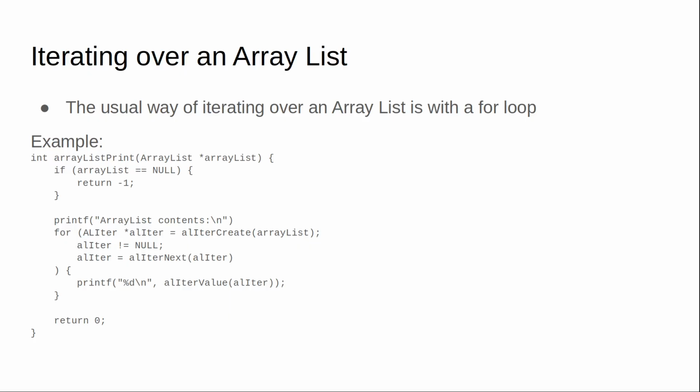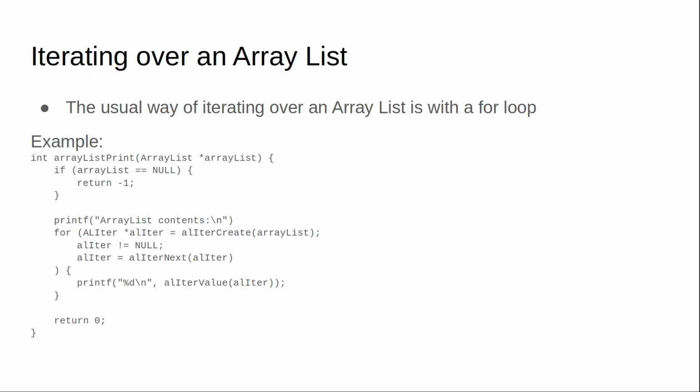So we don't need to do any freeing or clean up of memory here, because that's what the ALIter create and ALIter next functions automatically do for us to keep everything sane and well bounded within the context of a for loop. So ALIter equals ALIter create of the array list, go until that pointer becomes null, incrementing one at a time by calling ALIter next of the ALIter.